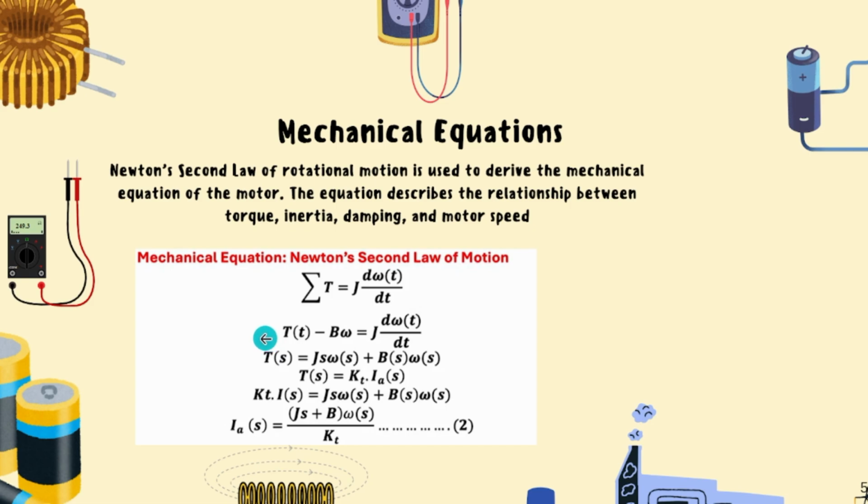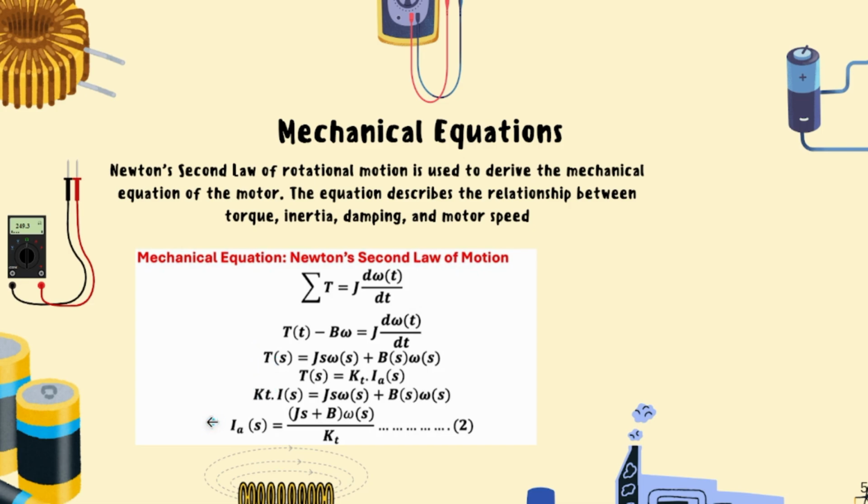Here in this equation, the motor torque minus the damping torque equals the inertia torque. The term B omega represents friction and damping inside the motor. After applying the Laplace transform, the equation is converted into the S domain for easier analysis.